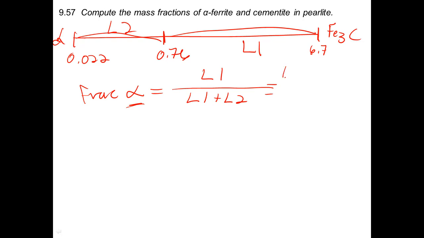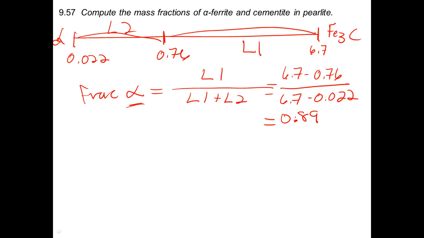So we can plug in those values and calculate that the mass fraction of ferrite in perlite is 0.89.